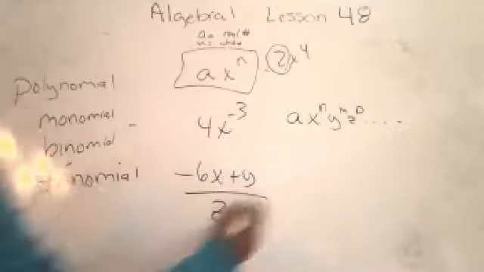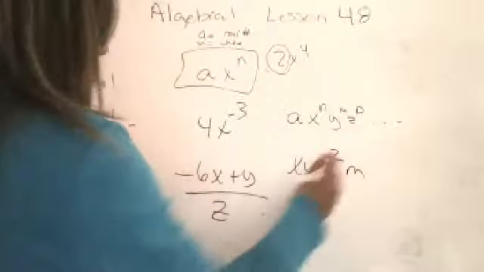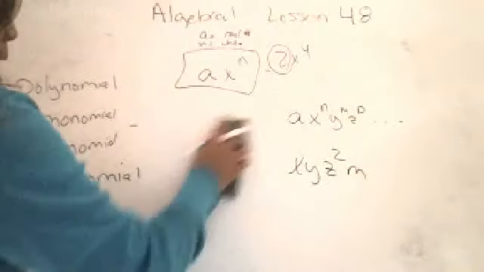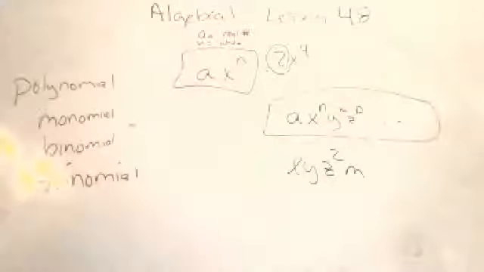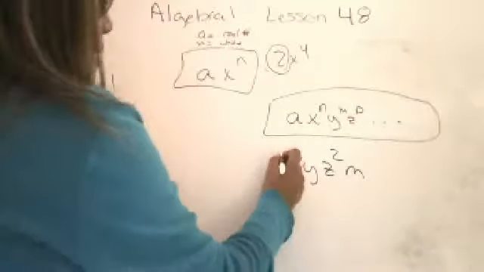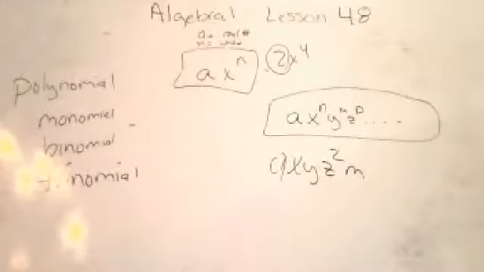Okay, so x, y, z squared to the m times m is a polynomial. Okay, it can take on this form as well with more than one unknown. But you still have to have your a, it's an implied 1 there, right? And then all the exponents still have to be positive, all the n's. So it is still a polynomial of more than one unknown.